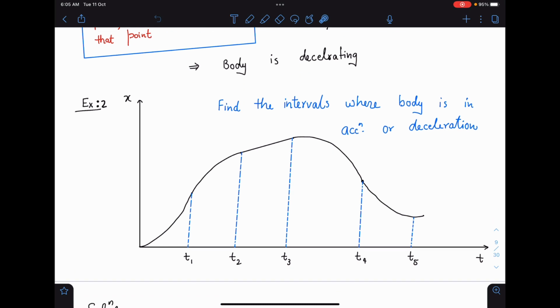Now this xt graph is given. In my channel, another approach is also present, which I will cover in one of the videos. Directly by seeing the xt graph, you can comment on acceleration and deceleration by using the radius of curvature logic. My suggestion would be, if you are part of my classes, you can look for the Indian School of Physics channel also. There is a very nice write-up on radius of curvature.